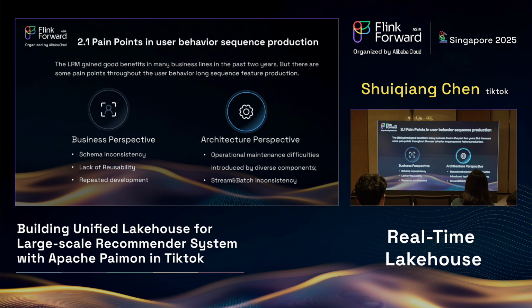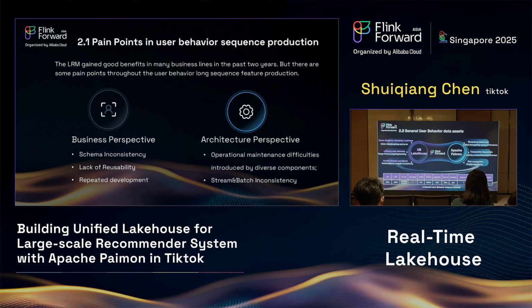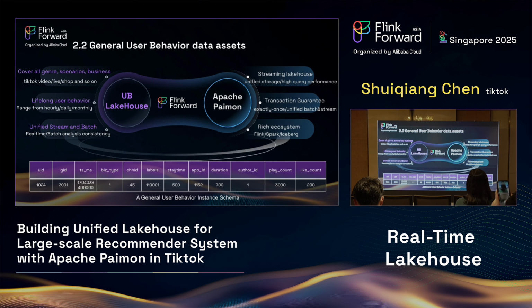From the architecture perspective, there are operational and maintenance difficulties introduced by diverse components in the traditional Lambda architecture. It may also cause data inconsistency from the separated stream and batch pipelines. To solve these pain points, we decided to build a general user behavior data asset.